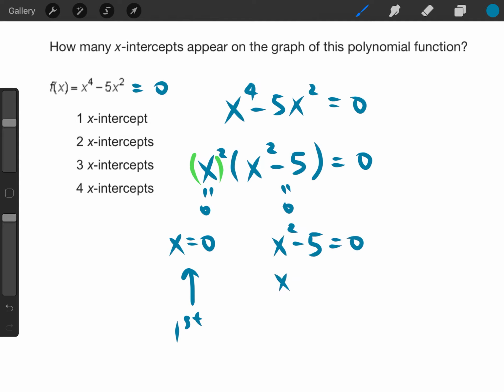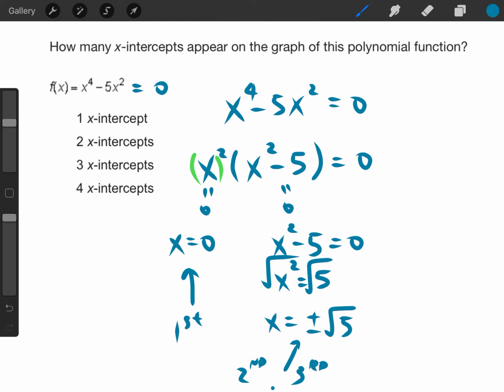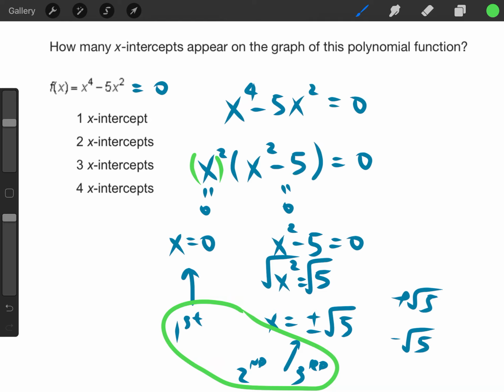Let's solve for x. x squared equals positive 5, and then you take the square root of both sides. x equals plus or minus the square root of 5. That means you got your second and your third: the second will be the positive square root of 5, and the third will be the negative square root of 5. So you got a total of 3 roots, 3 x-intercepts.